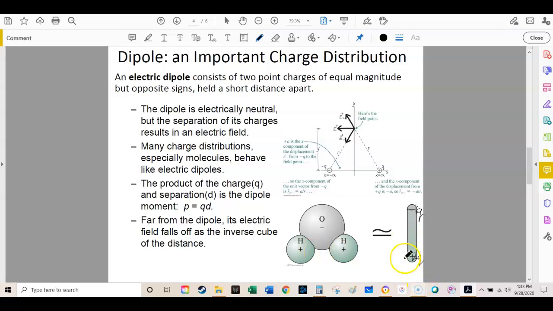A single proton has 1.6 times 10 to the negative 19th coulombs, and it's positive, so with 2 protons it'd be 2 times that. On top, it would just be negative 1.6 times 10 to the negative 19th coulombs, which is just one negative charge, right? So you could consider a water molecule as having a single positive charge. It just has twice the amount of charge on it than the top one. So that's kind of why some people refer to a water molecule as a dipole.